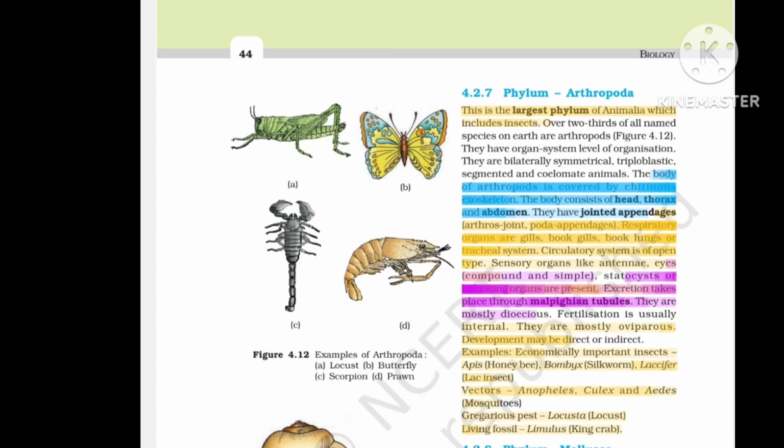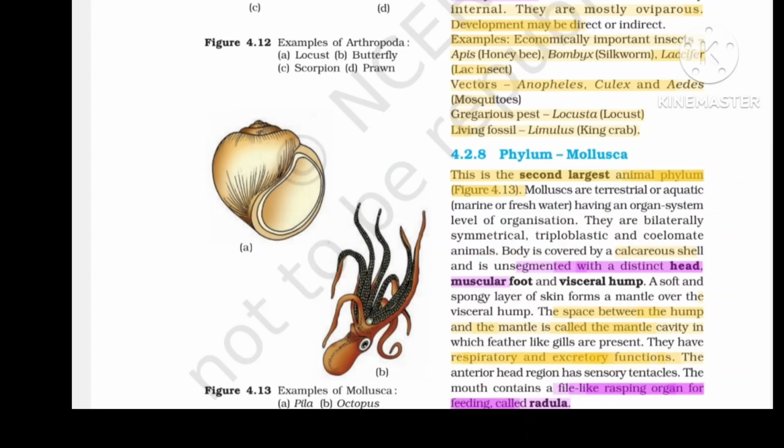The circulatory system is open type, and sensory organs like antennae are present. The balancing organ is statocyst, and excretion takes place through Malpighian tubules. They are mostly dioecious. Fertilization is usually internal, and they are mostly oviparous. Development may be direct or indirect. Examples are the vectors Anopheles, Culex, and Aedes, and the Gregarious phase locust, and living fossils like Limulus or king crab.